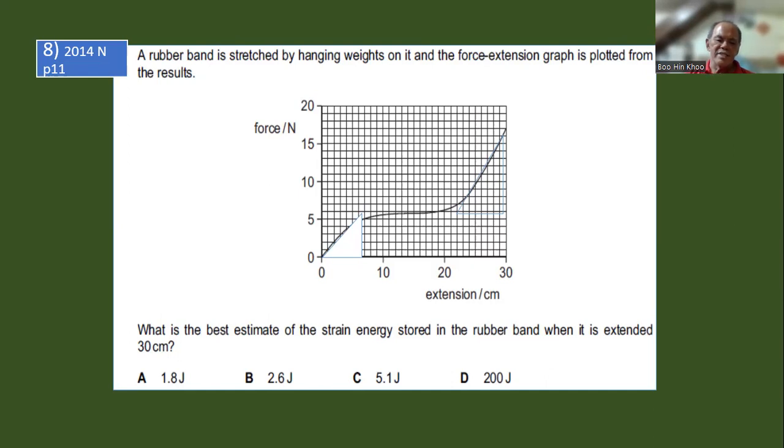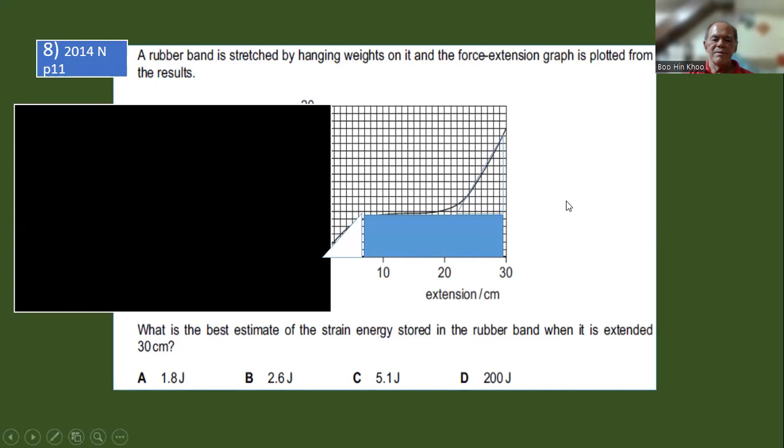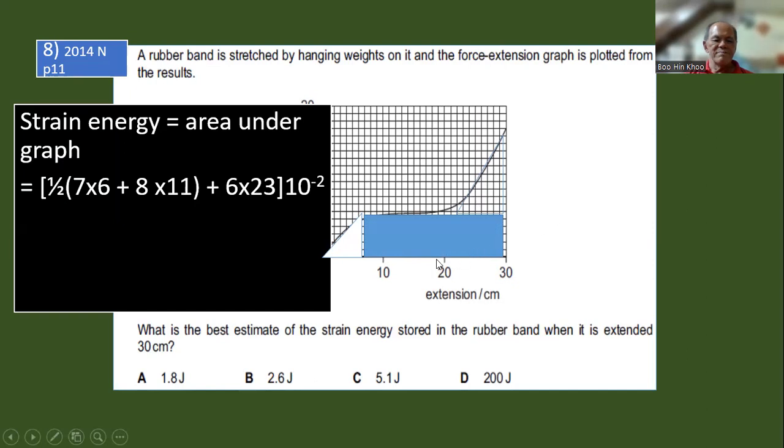So we can just draw a triangle here, a rectangle here, a rectangle up to here, and there's another triangle here. There's a rectangle there. Strain energy is the area under the graph, half... half 6 is here, 7 is there.